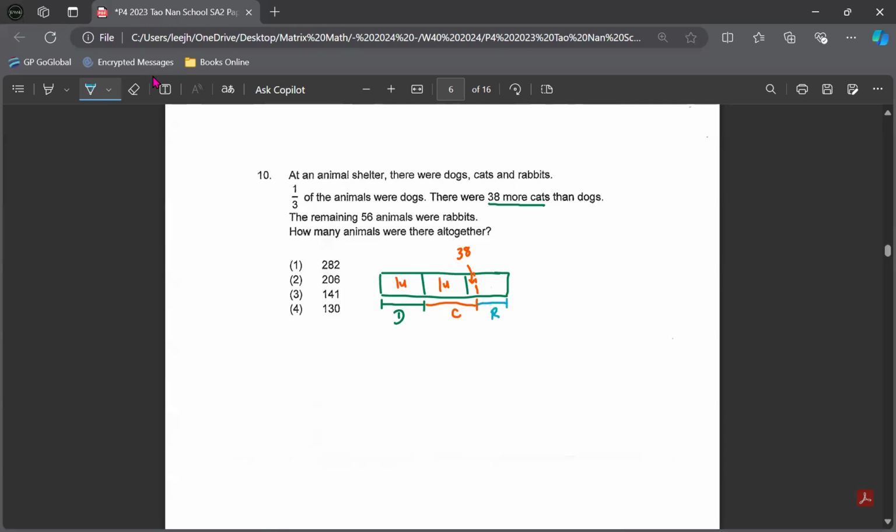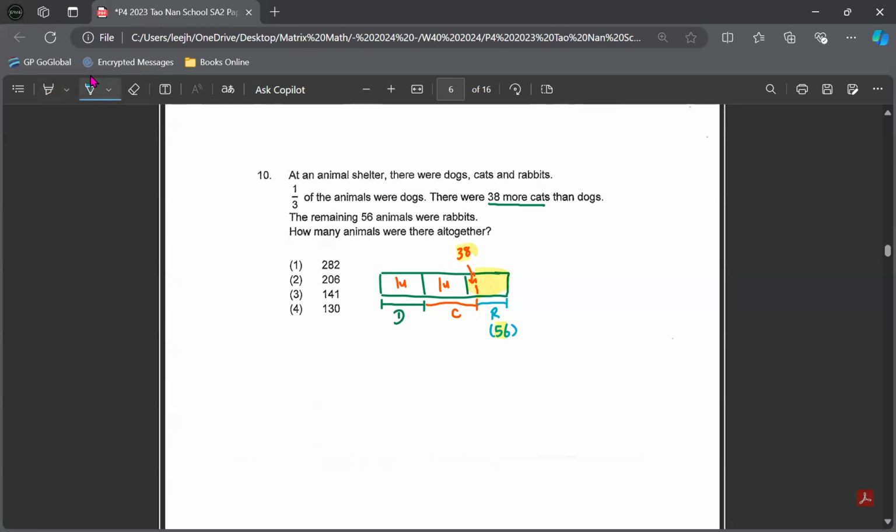So how to find the total number of animals? As you can see here, you know that there are 56 rabbits left, right? So I write 56 here. If I were to highlight, this is also 1 unit. And 1 unit, you have two values, 38 and 56.